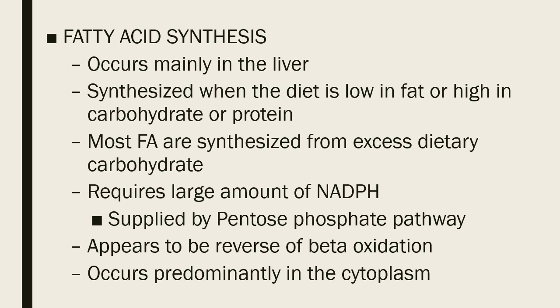The second phase is the synthesis of palmitate, the fatty acid, by the sequential addition of two carbon units to the growing fatty acid chain by fatty acid synthase, the key enzyme in the second phase.